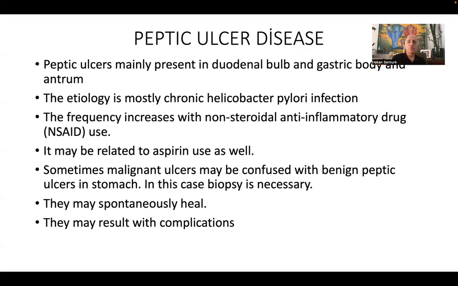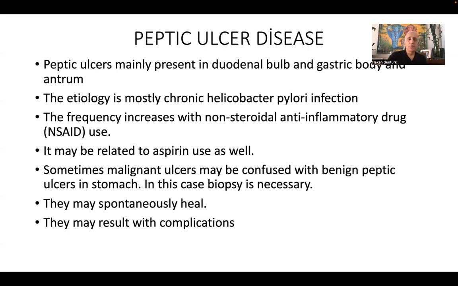When we come to the sister disease, peptic ulcer disease, peptic ulcers mainly present in the duodenal bulb, as I told you in the introduction lectures, and sometimes in the gastric body and antrum. The etiology is mostly chronic Helicobacter pylori infection, but it also happens, especially gastric ones, due to NSAID drugs.